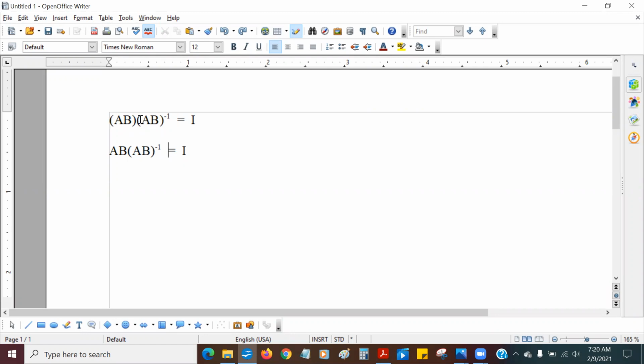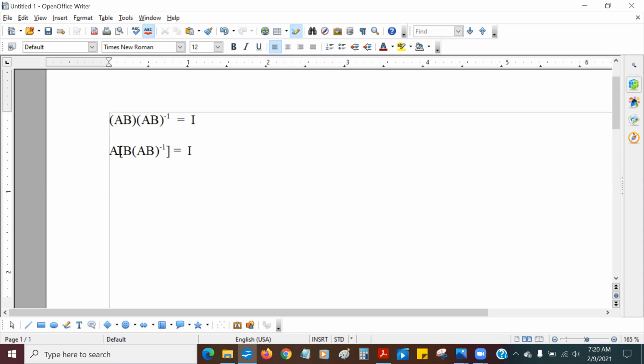I could drop the first set of parentheses, so I have A, B, but now I can put in a new set of parentheses. I can put parentheses here, and then put one over here, and we have A times this whole big mess here is equal to I.